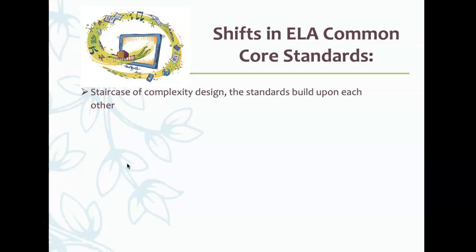So for the ELA Common Core standards, there was this idea, and you remember this from the video, of a staircase of complexity, and that each of the standards builds upon each other. What you learn in kindergarten, perhaps about identifying a character in the story, then becomes, by the time you're in high school, complex discussion about characters and how they relate to themes and what their motivations are.